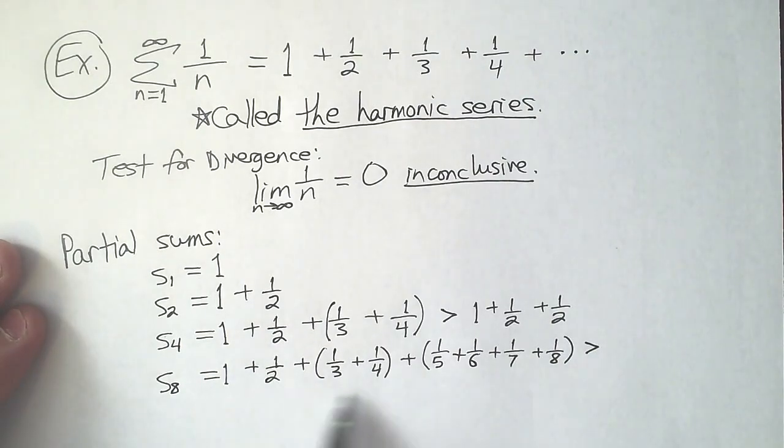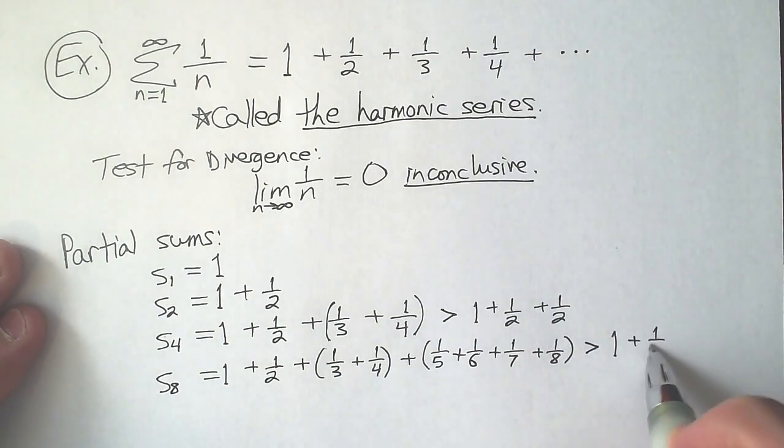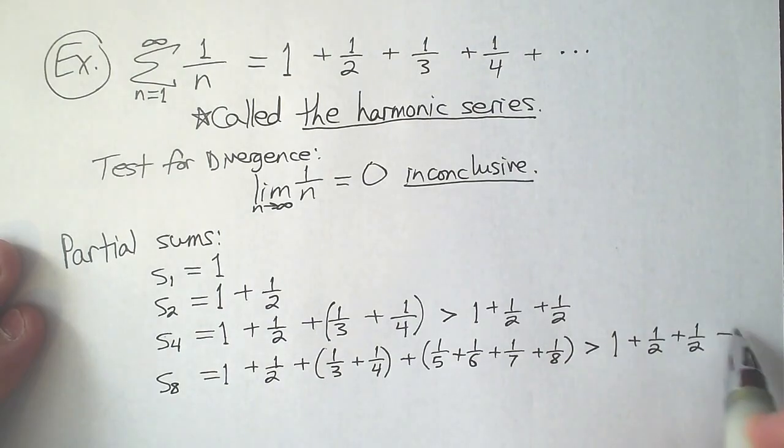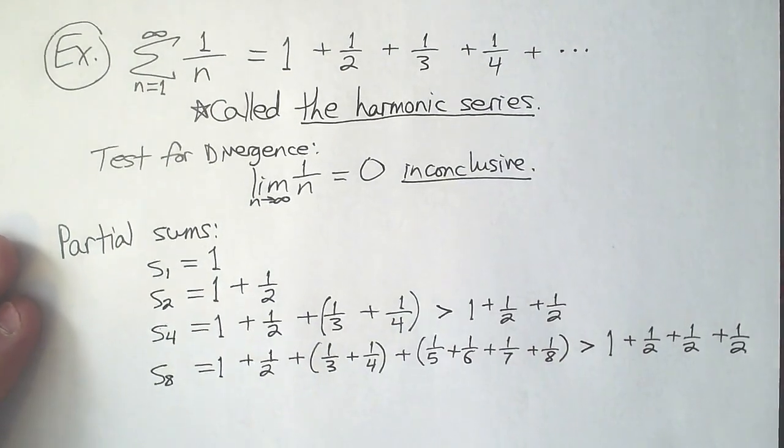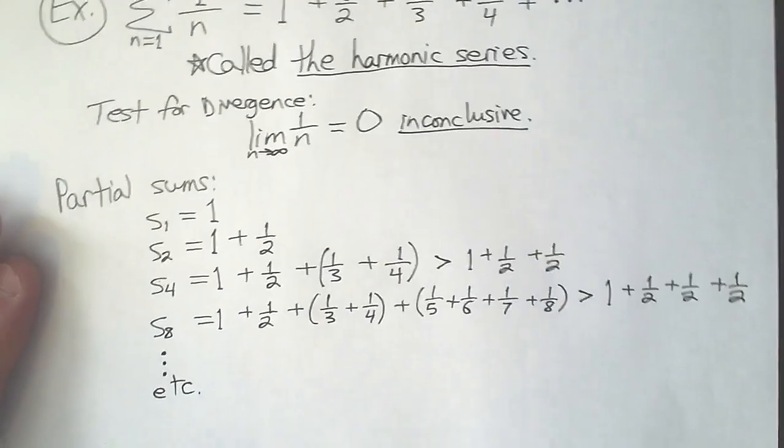It turns out that this entire number is greater than 1 plus 1/2 plus 1/2 plus 1/2. Okay, let me tell you the pattern. I'm just going to say etc.